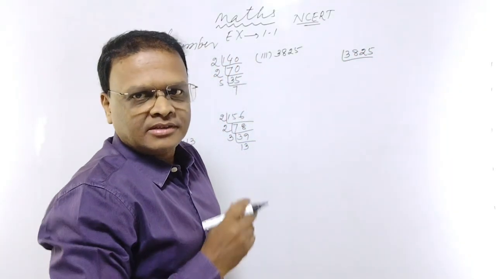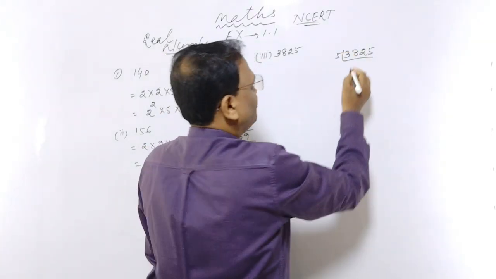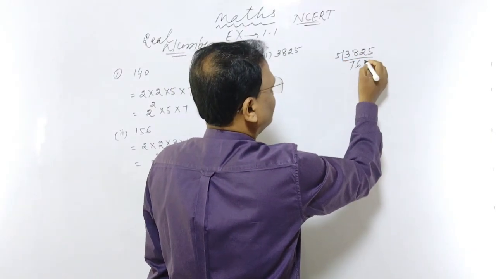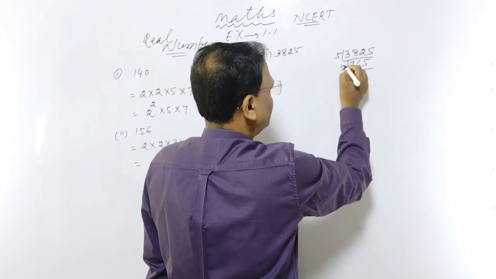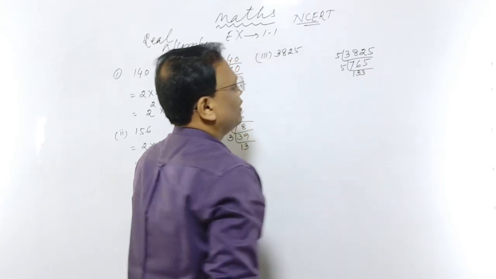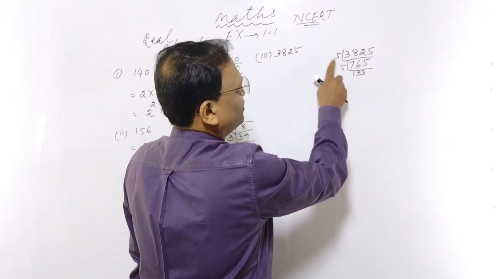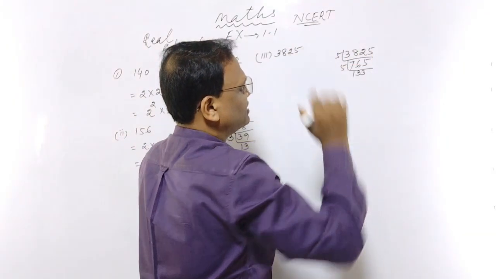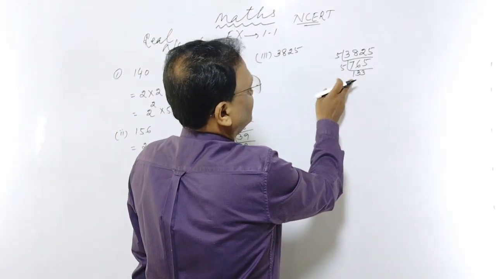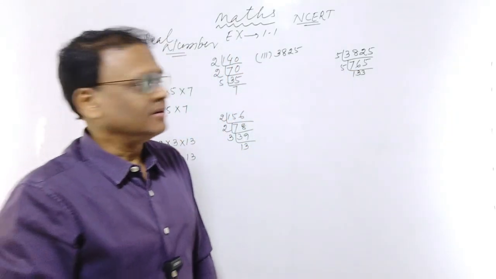The last digit is 5, so I have to start with 5. 5 7s are 35, 3 remain, 32, 5 6s are 30, 2 remain, 25, 5 5s are 25. Again if I start with 5, 5 1s are 5, 5 3s are 15, again 5 3s are 15, 153.